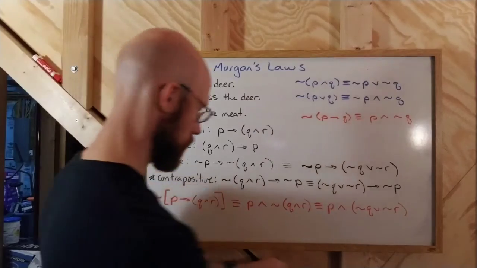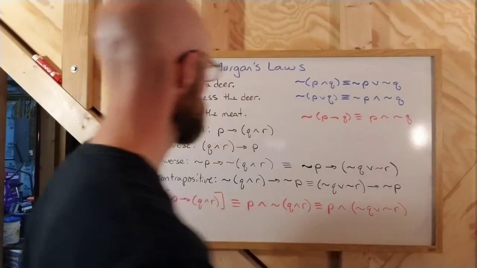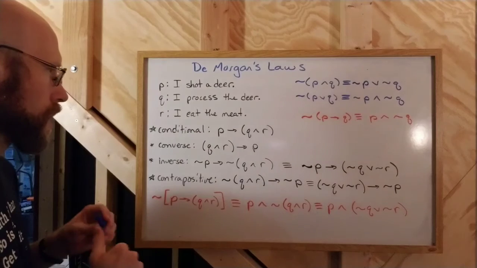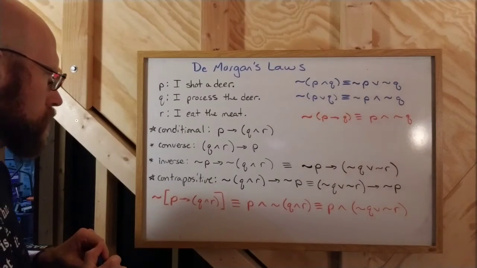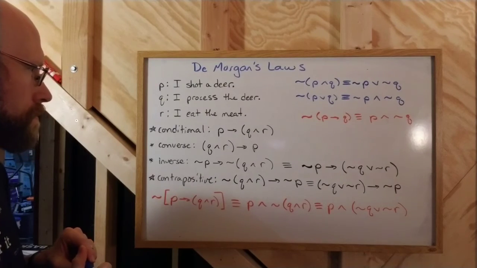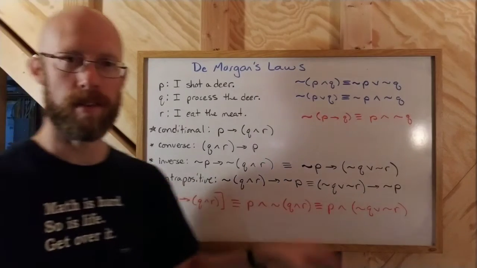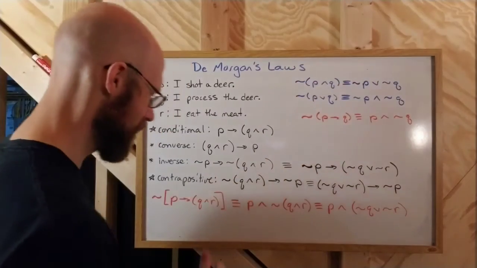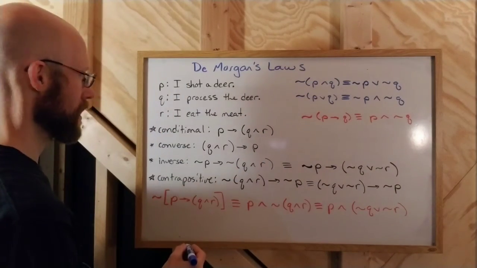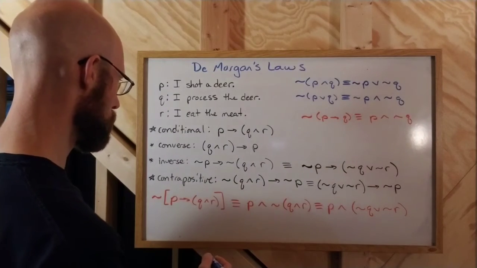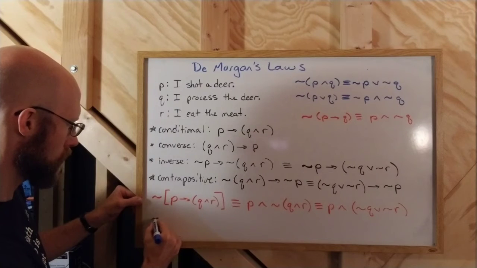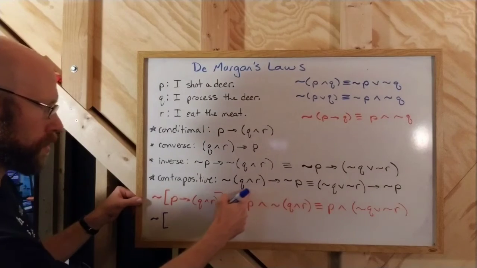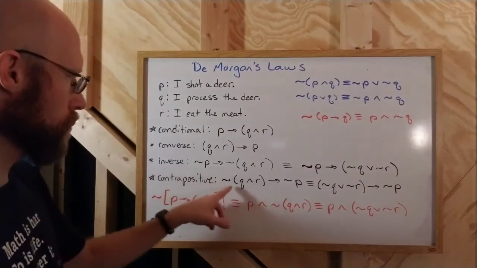I could also do something, now this is going to be a bit messy maybe, but we'll try it. Let's negate the contrapositive. Okay, let's try it. Let's see. So if I negate the statement right here, should I use that form or should I use that form?